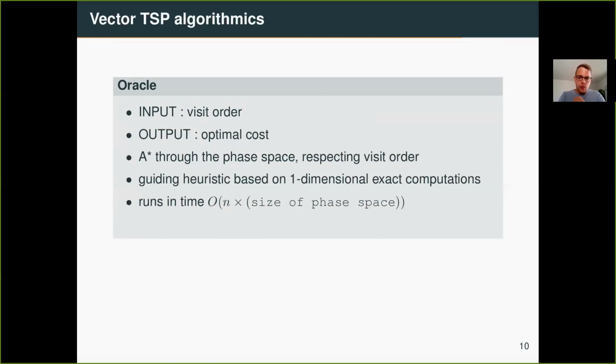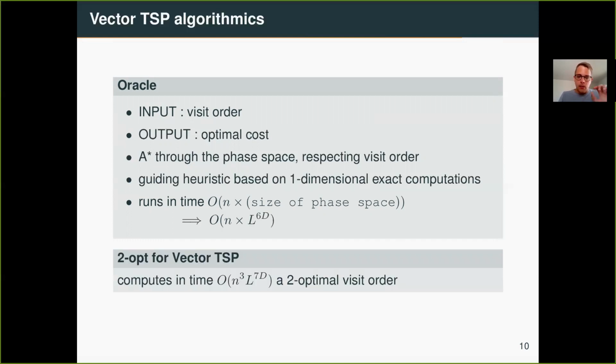So this actually runs in time big O of n times the size of the phase space. The size of the phase space, we already said, is L to the power 6D. Okay, I have to go a bit faster here. So when you plug this into the two-opt, you get a polynomial time algorithm, if you assume D, the number of dimensions, to be fixed, that computes a two-optimal visit order.